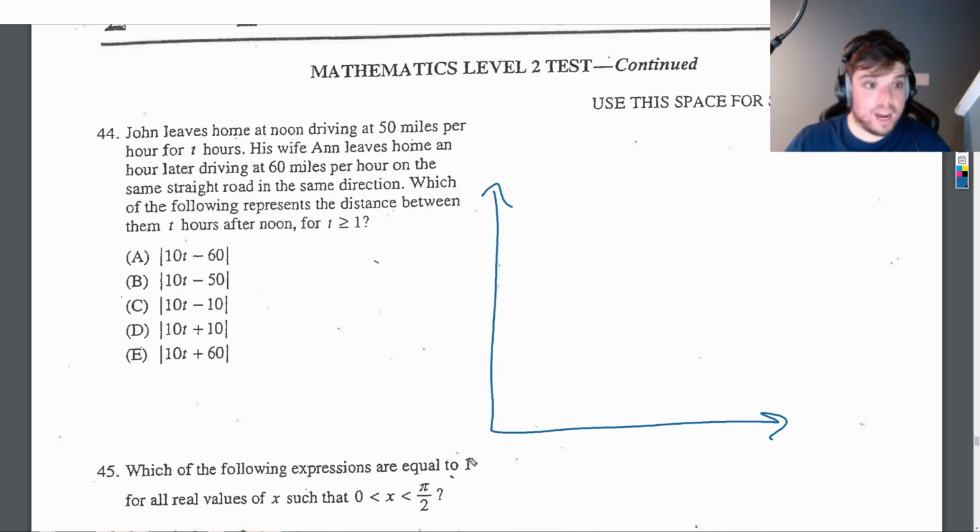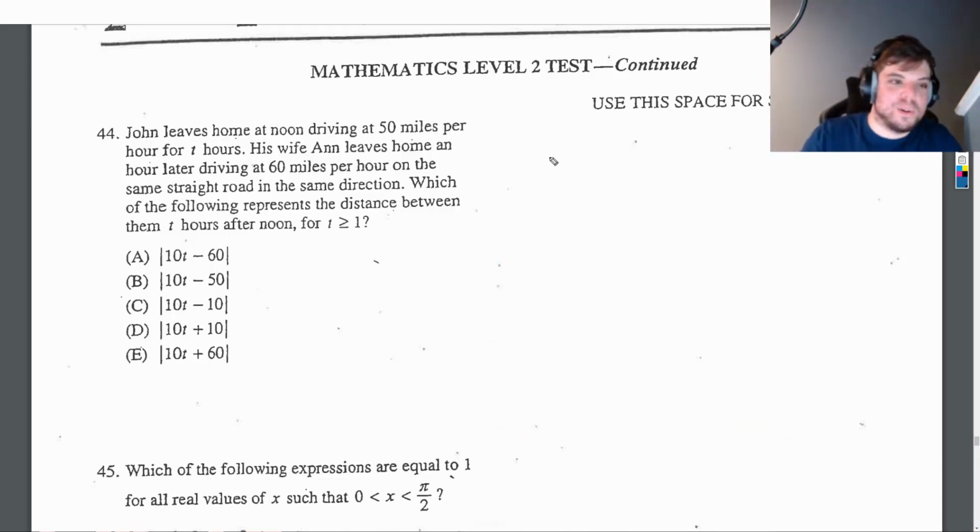So after 1 hour, how far are they going to be apart? That's the question you've got to ask. After 1 hour, they're going to be 50 miles apart, because that's after the first hour. So they're going to be 50 miles apart at t equals 1. At t equals 2, they're going to be how far apart?